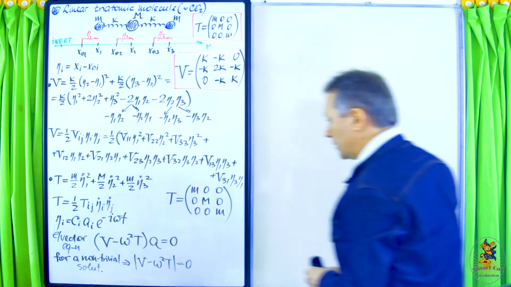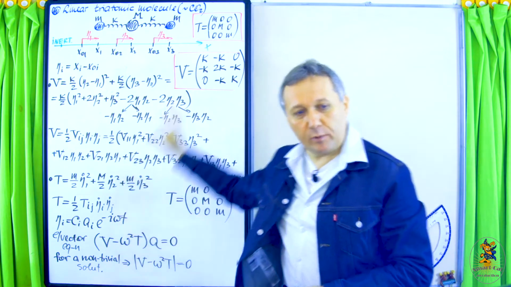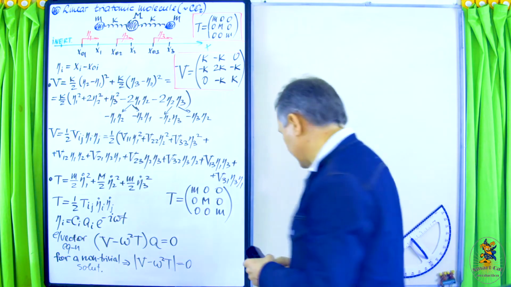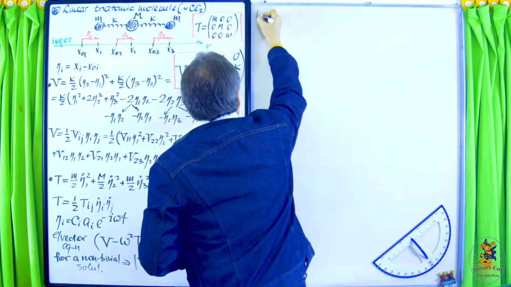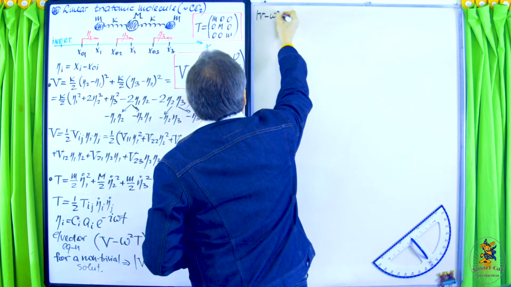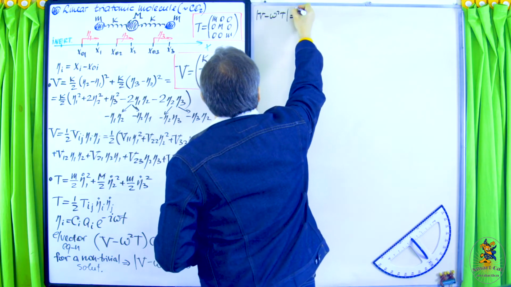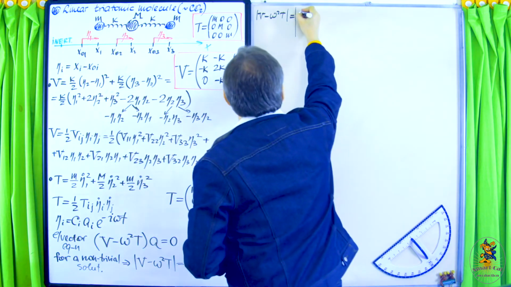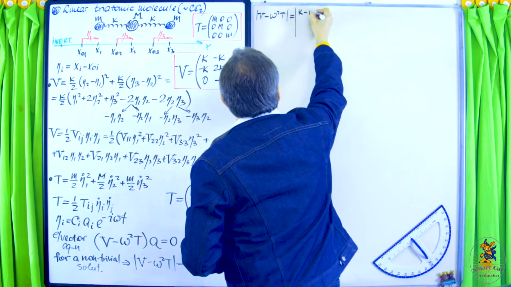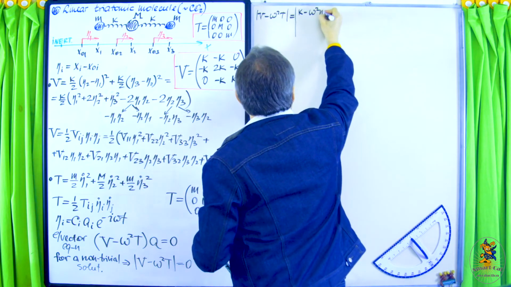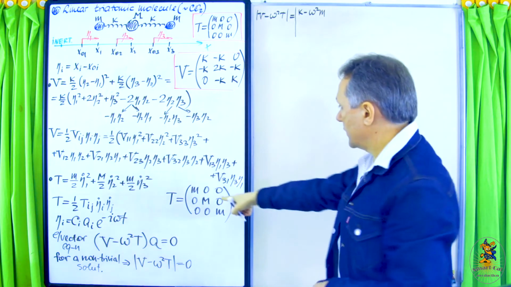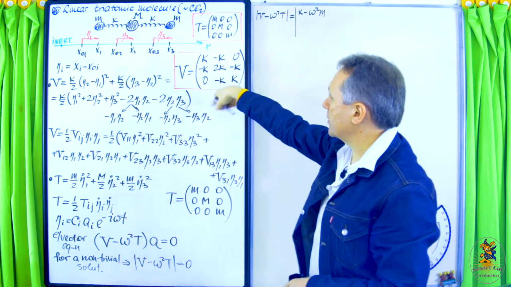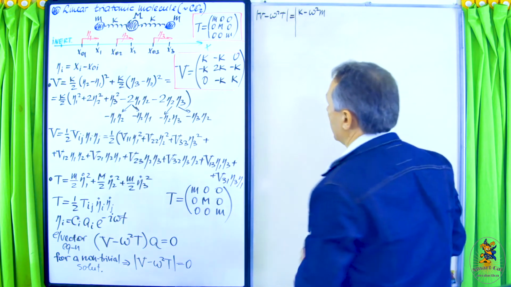And so now I will write this determinant and I will keep it over there because I will need it several times. So it will be V minus omega squared T equals, okay. V is here, so it will be k minus omega squared m, right? Off diagonal elements will be constructed by the off diagonal elements of the V matrix.